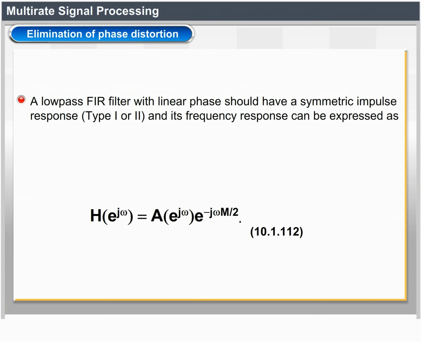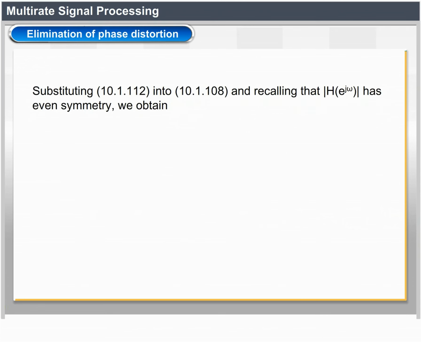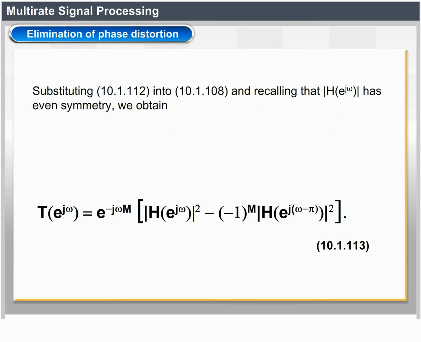10.1.112. Substituting 10.1.112 into 10.1.108 and recalling that modulus of H of e power j omega has even symmetry, we obtain T of e power j omega equal to e power minus j omega M within the bracket modulus of H of e power j omega the whole squared minus 1 the whole power M modulus of H of e power j of omega minus pi the whole squared, called equation number 10.1.113.